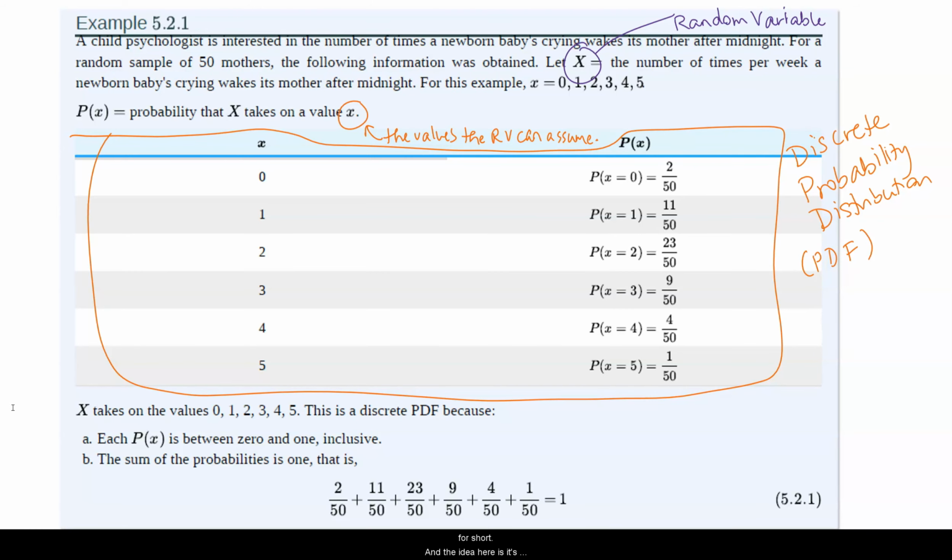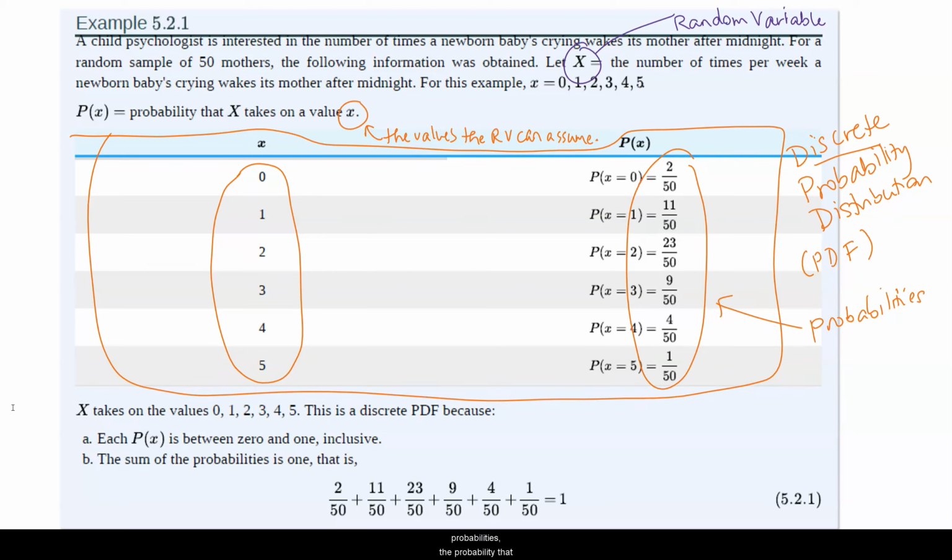And the idea here is it's discrete because we have a countable number of values for X. We can count them. 0, 1, 2, 3, 4, 5. There are 6 values for X. That's why we get it as a discrete probability distribution. And then the column on the right gives us the probabilities, the probability that our random variable takes on one of those values of X.